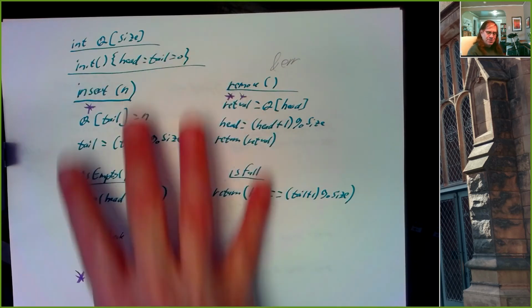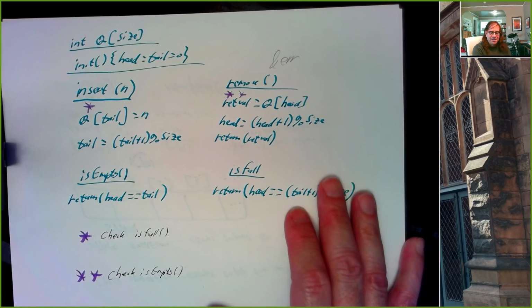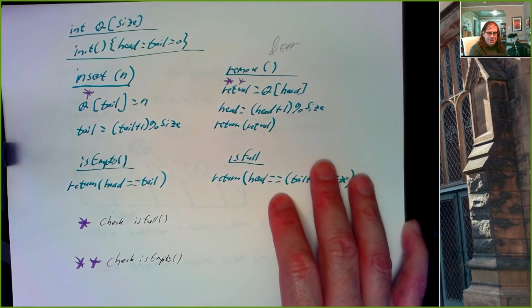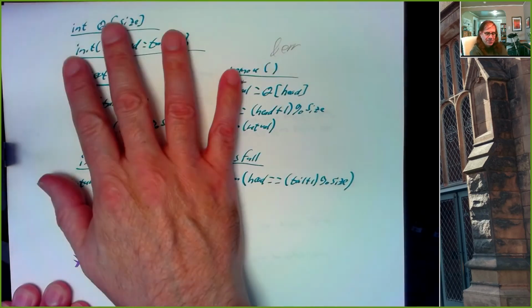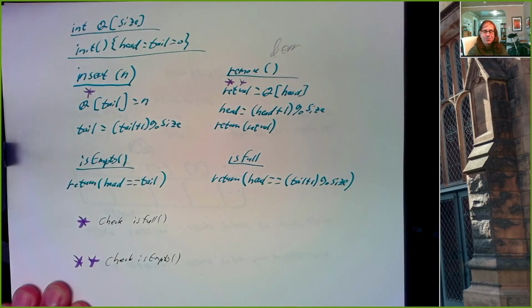So there's your interface between a calling program and an implementation of a queue using an array. If we implement a queue using a linked list, these would look the same as far as how we would call them, what we would pass, what the behavior would be, but the way that they implement that behavior would be totally different.